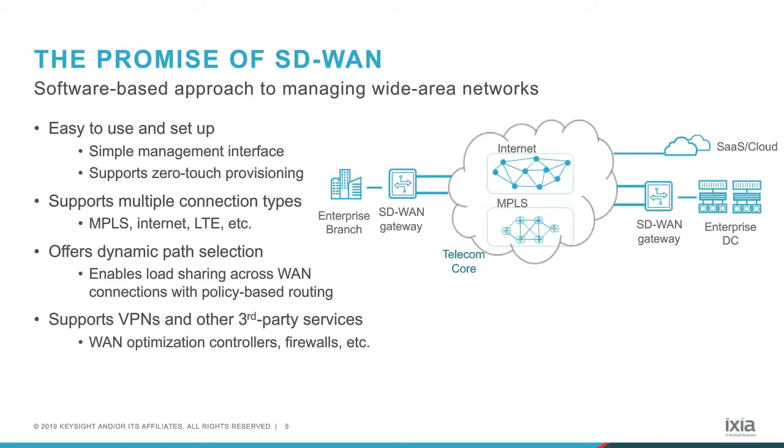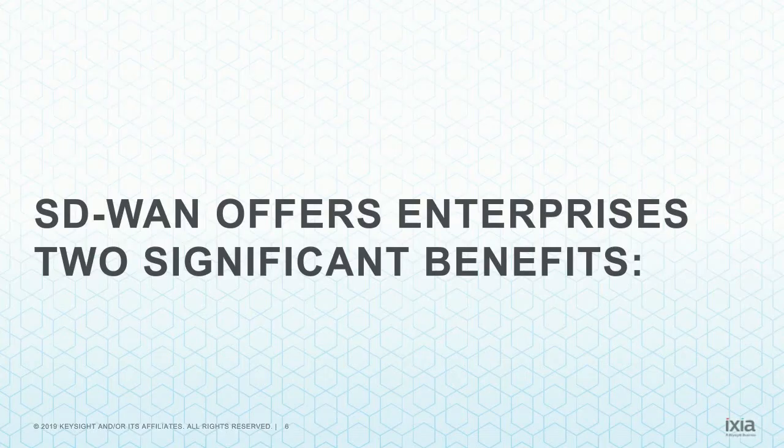With support for zero-touch provisioning, multiple connection types, dynamic path selection, and increased security through VPNs, SD-WAN offers a compelling promise to companies of all sizes. But for all its significant benefits, at the end of the day, the real allure of SD-WAN boils down to two key factors: agility and cost savings.